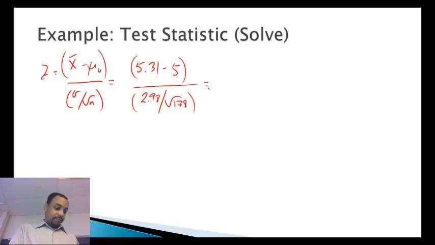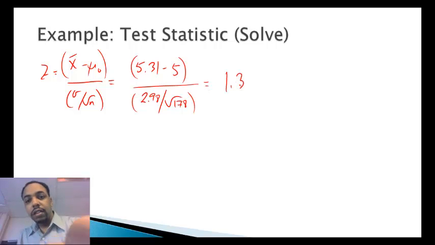Parentheses. I get 1.39. A z-score of 1.39. That sounds good to you?